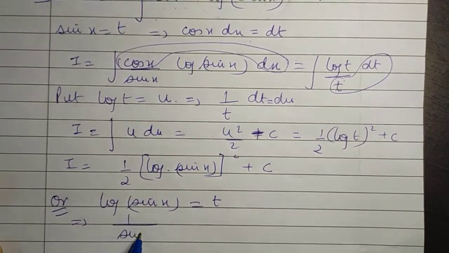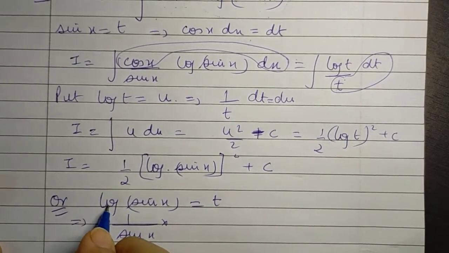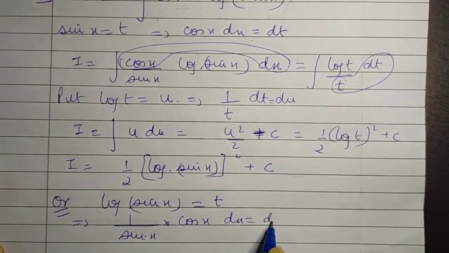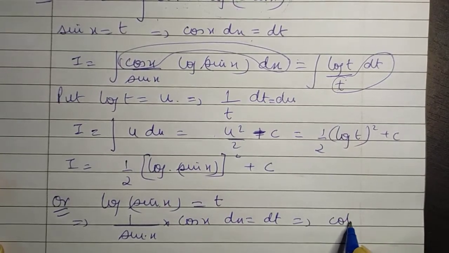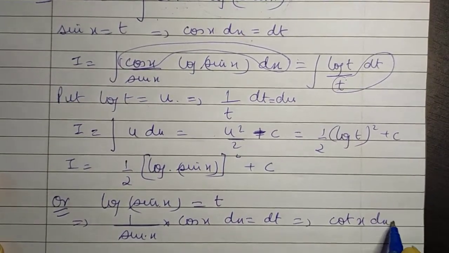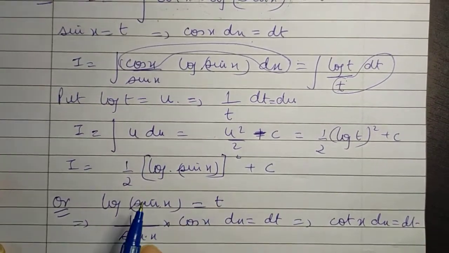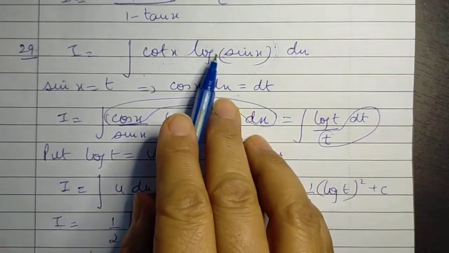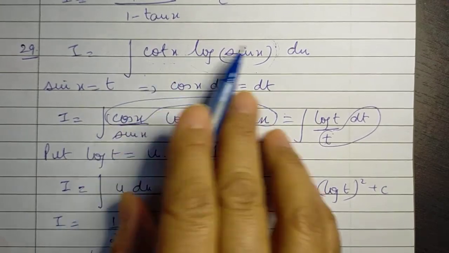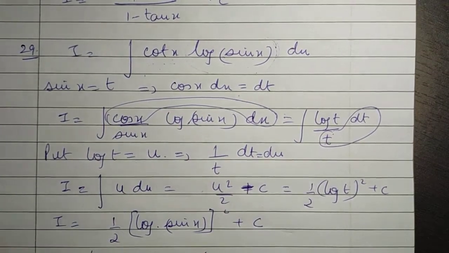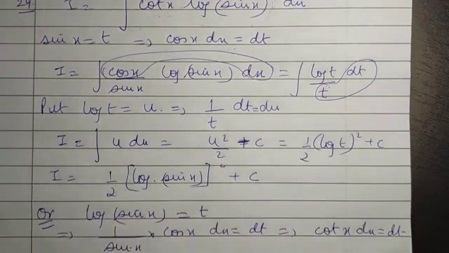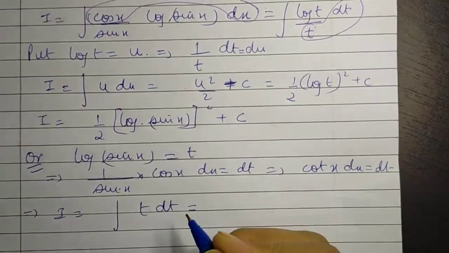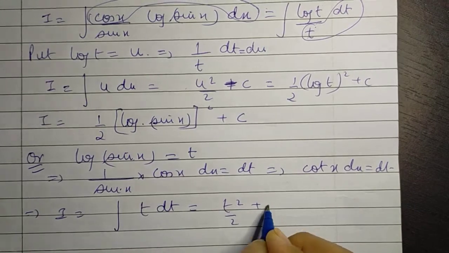Differentiating, 1 upon sin x into derivative of sin x, which is cos x, into dx is dt, which gives us directly cot x dx is dt. So directly we see that if you put this as t, this is the derivative, so cot x dx becomes dt, and so we get I is equal to integral of t dt, which is t squared by 2 plus c.